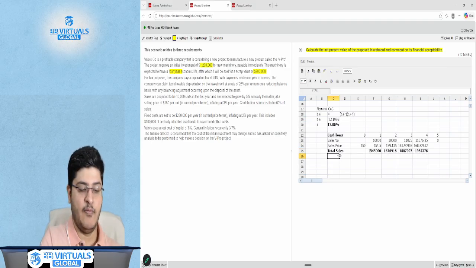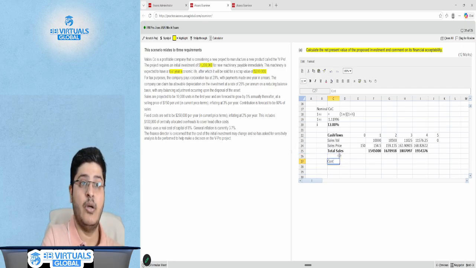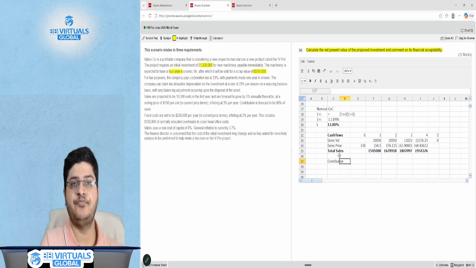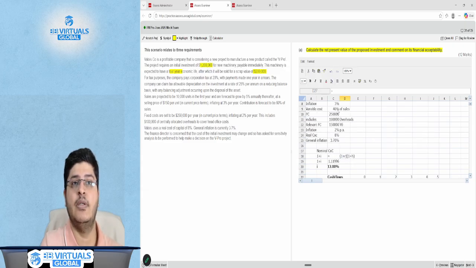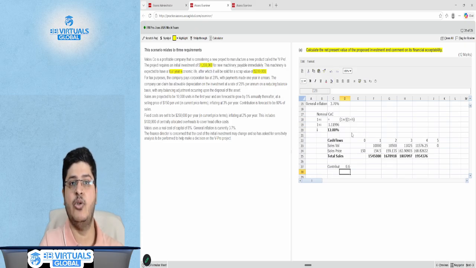Now what is the variable cost? Or can I calculate the contribution directly? I can calculate contribution directly, or I can calculate the variable cost, whichever way. Let me leave a row. Contribution. Okay, what was the contribution? Contribution was 60%, variable cost was 40%, so I will say 60% is the contribution.